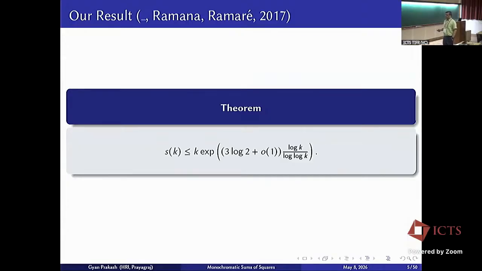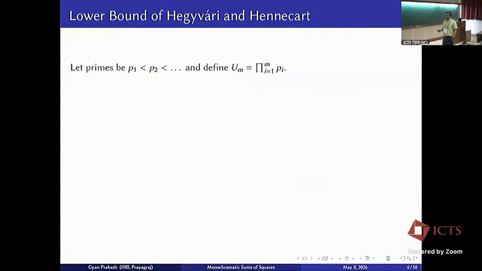So just let us recall what S_k is. You are taking the set of squares, giving a k-coloring, then you want to write every sufficiently large natural number n as a sum of s many squares. So let us first consider the lower bound, which is due to Hagiwara and Haneke.